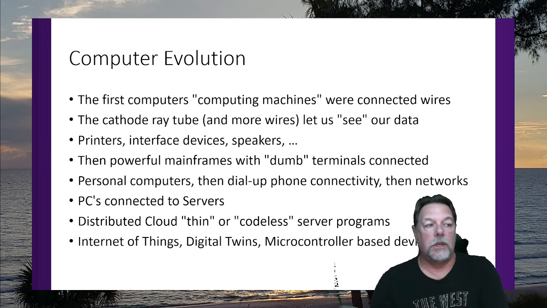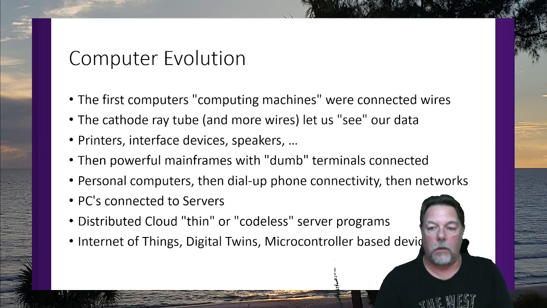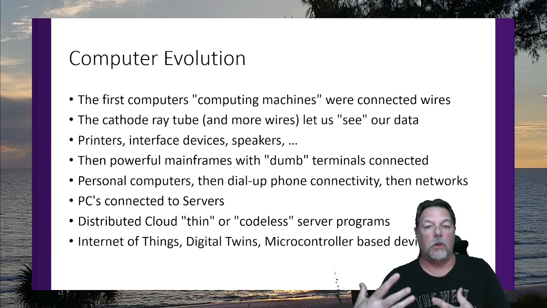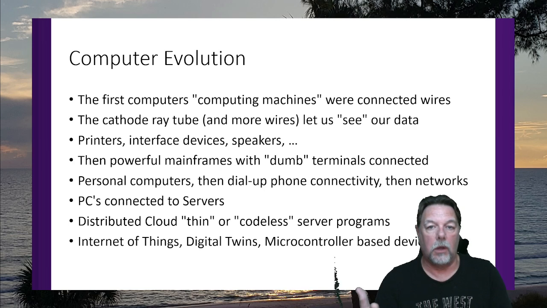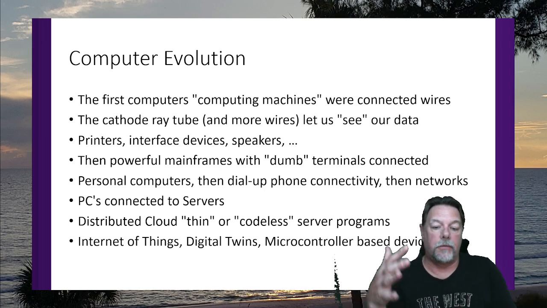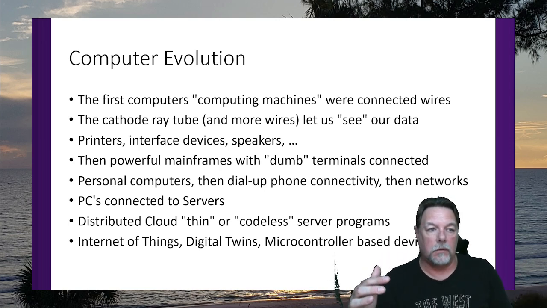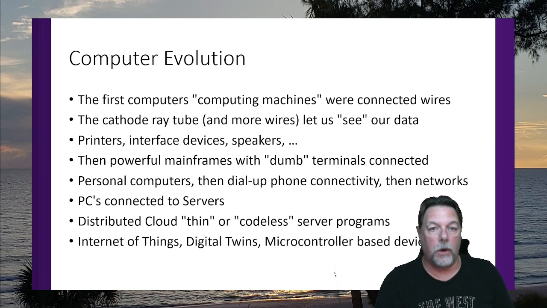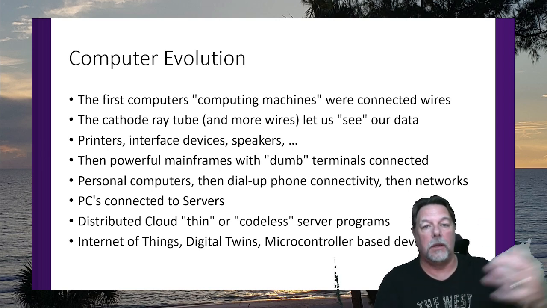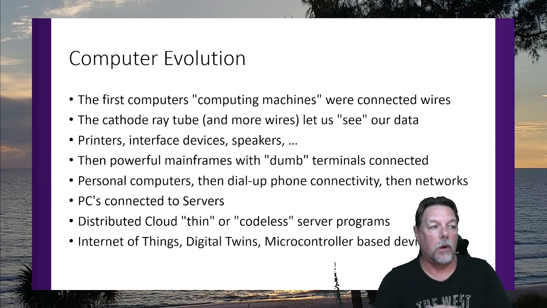Then things continued to evolve, and we got the forerunners of our current personal computers, which put more power into the end user's hand. Instead of having a dumb terminal, they still connected to a mainframe, but then they had a much more powerful local device sitting on their desk that you could play more interesting games with. You could run your own software that didn't need to be connected to the mainframe anymore.